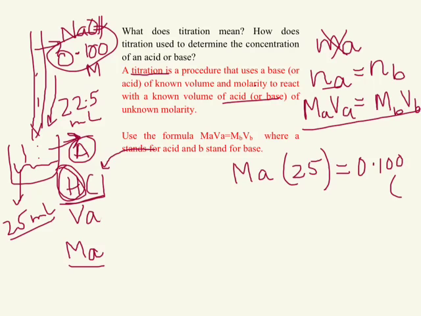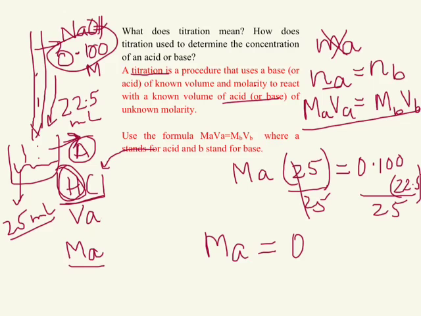And how much sodium hydroxide did you add to neutralize this acid? 22.5 milliliters. So can we calculate molarity of acid? Yes, by dividing by 25 on both sides. So the molarity of the acid will be 0.0900 molar.